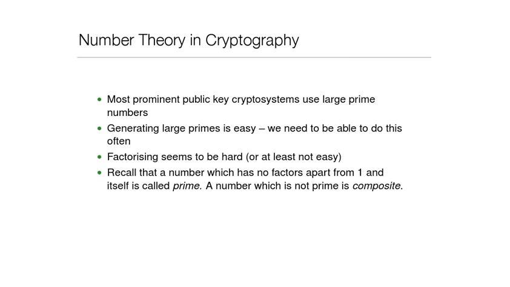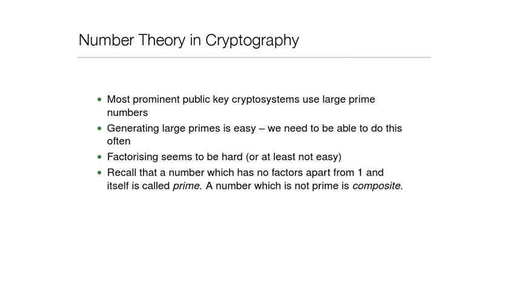So let's start with number theory in cryptography, in very brief. Most prominent public key cryptography systems use large prime numbers. When we talk about public key cryptography, we often talk about prime numbers.